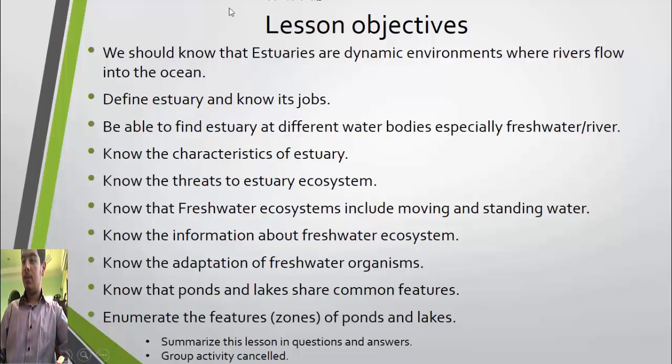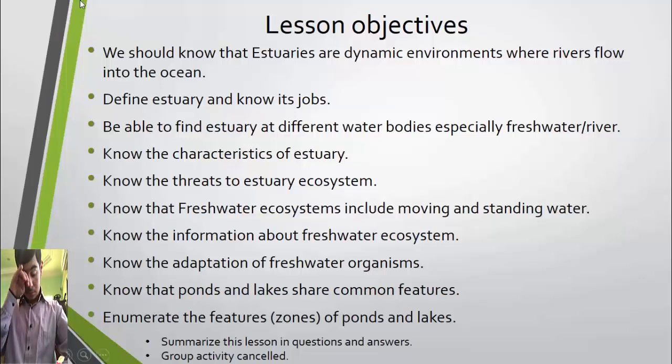We need to be able to find estuaries among different water bodies, especially freshwater or river. There will be a picture displayed, and from the picture we need to find which one of them is the estuary. It's a picture of a river or lake, as I've said here, freshwater or river.